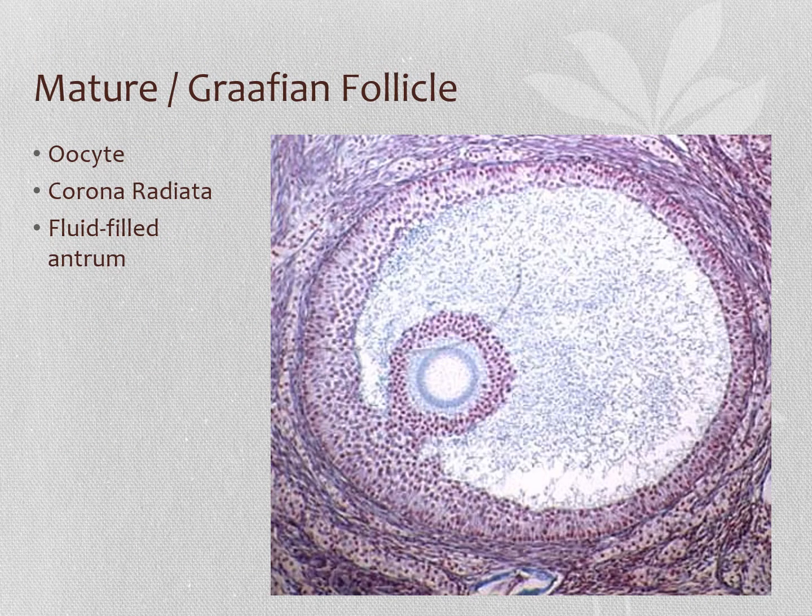Okay, so back to our mature follicle. So we have the oocyte in the middle, surrounded by the corona radiata, and then this fluid-filled middle, which is called an antrum, and the granulosa cells forming a ring in the boundary of the follicle around the outside. Theca cells are outside the follicle itself.